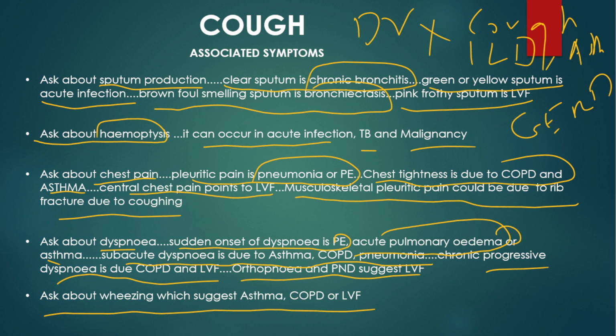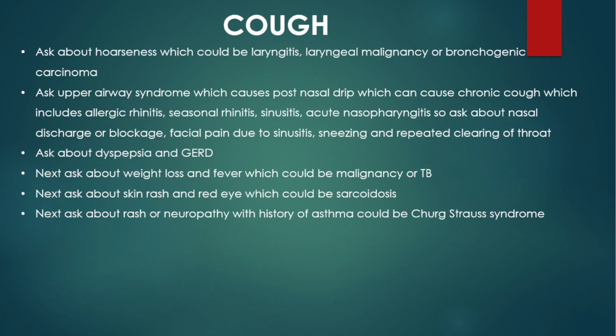Then we'll ask about other associated symptoms like hoarseness, which represents acute laryngitis, laryngeal malignancy, or bronchogenic carcinoma spreading to involve the left recurrent laryngeal nerve. Ask about upper airway syndrome, which can cause postnasal drip and chronic cough.